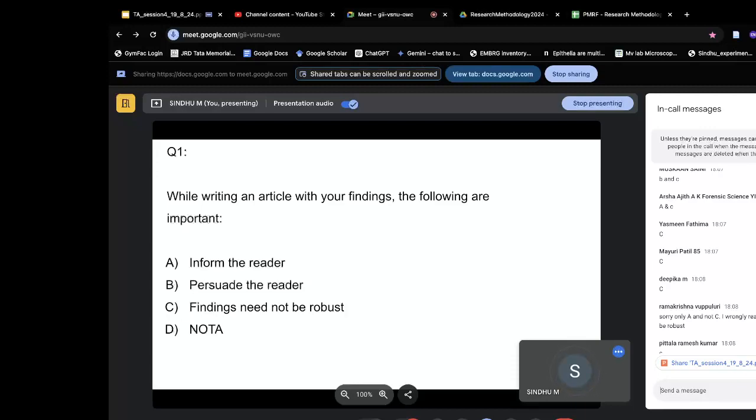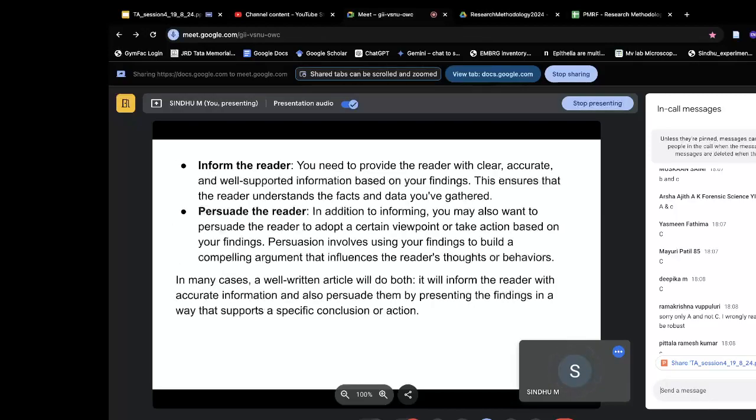So in those cases, option B, persuading the reader, will also be applicable. Option C is not correct. We just explained that the findings have to be robust. So the correct answers are option A and option B.